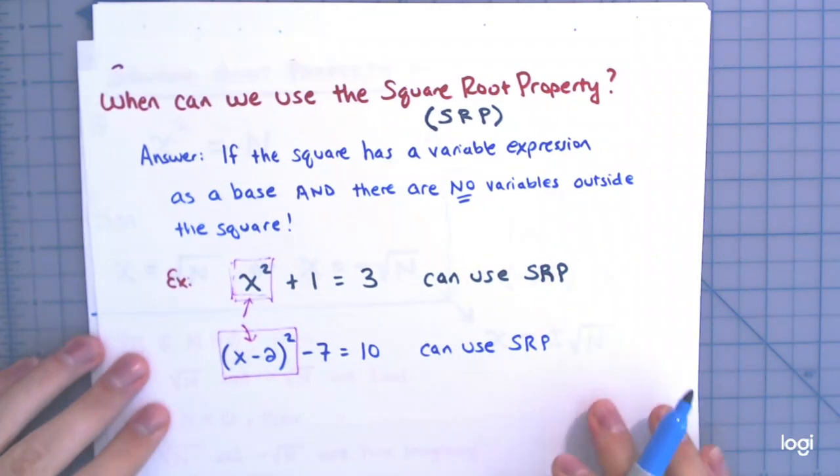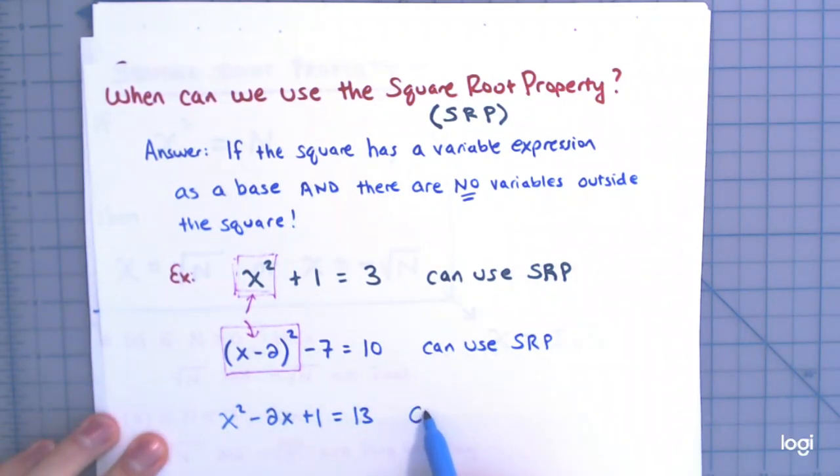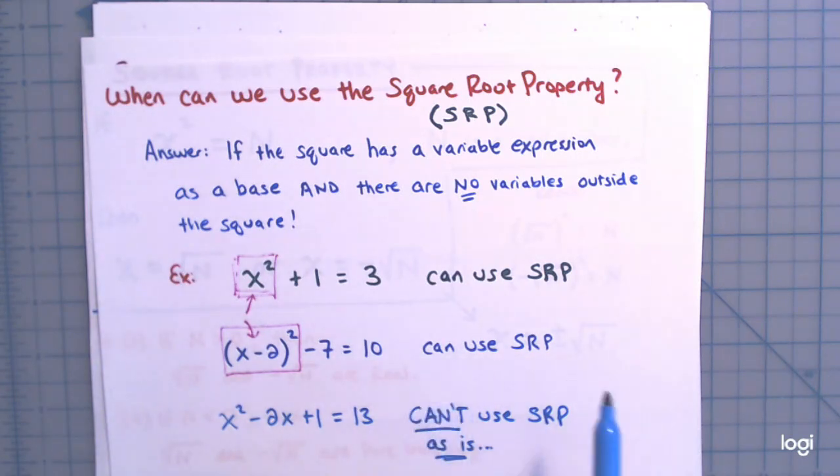And then here's one where we couldn't. If I had, say, x squared minus 2x plus 1, when's that equal to 13 or something? Here we wouldn't be able to use the square root property as is. I'll say as is because we're going to see in a future video that if you see a quadratic equation where you can't use the square root property, there's something you can do called completing the square to set up the equation so that you can use it.